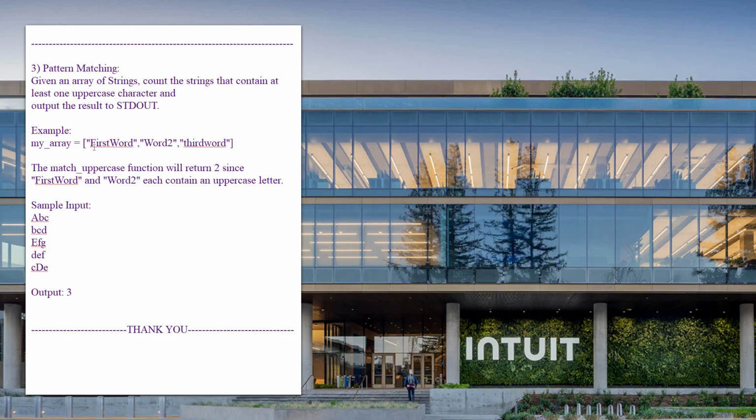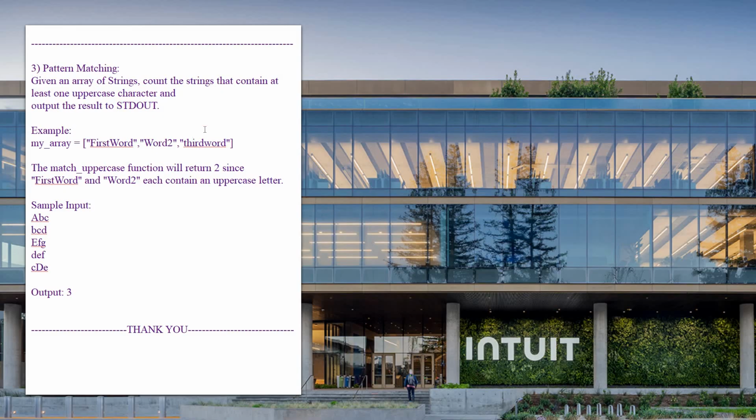So for the first string, F and W are the capital letters. So for this string you can say 1, which has at least one uppercase letter, you are supposed to return the count of that.